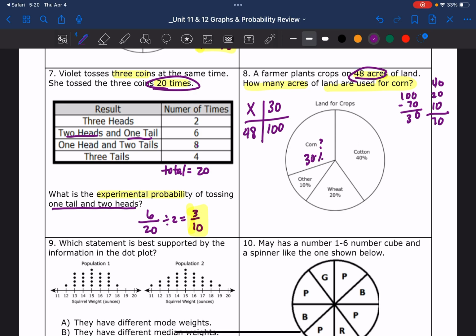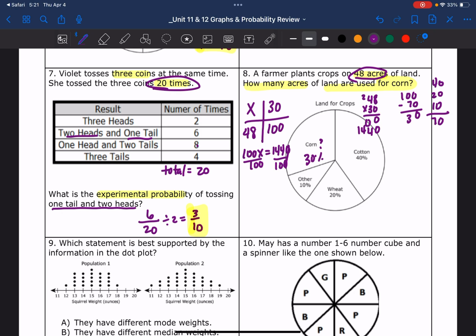So here, 100 times x equals 100x. 48 times 30, I'm going to do this right here. 0, 0, 0. 3 times 8 is 24, I believe. And then 4 times 3 is 12, 13, 14. So we get 1440, and then we divide by 100.